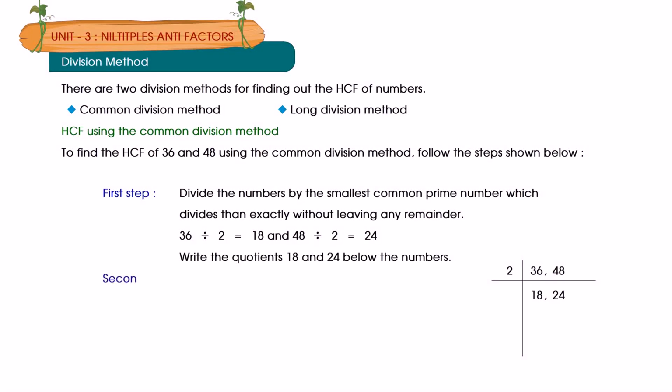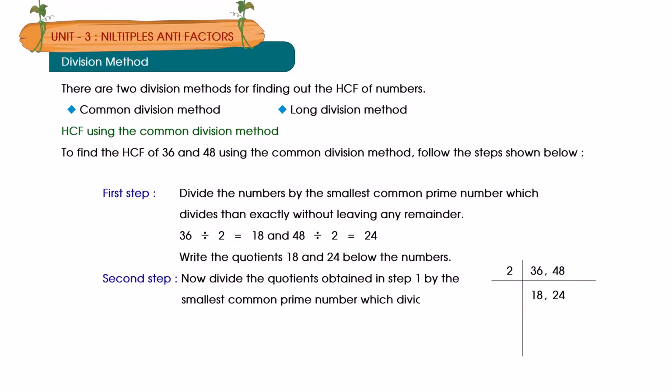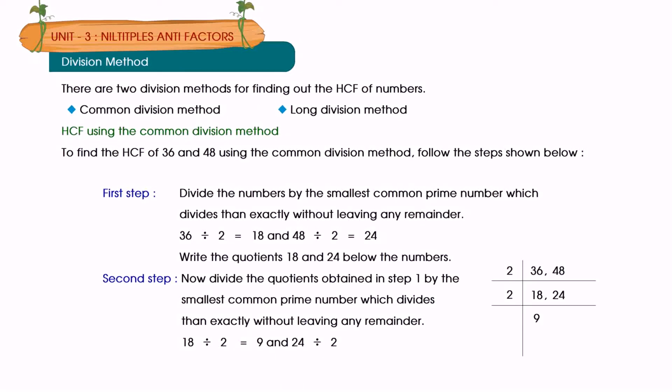Second step. Now divide the quotients obtained in step 1 by the smallest common prime number, which divides them exactly without leaving any remainder. 18 divided by 2 is equal to 9 and 24 divided by 2 is equal to 12.